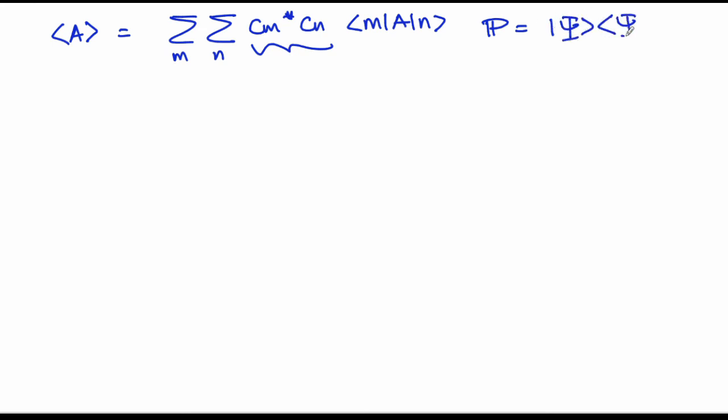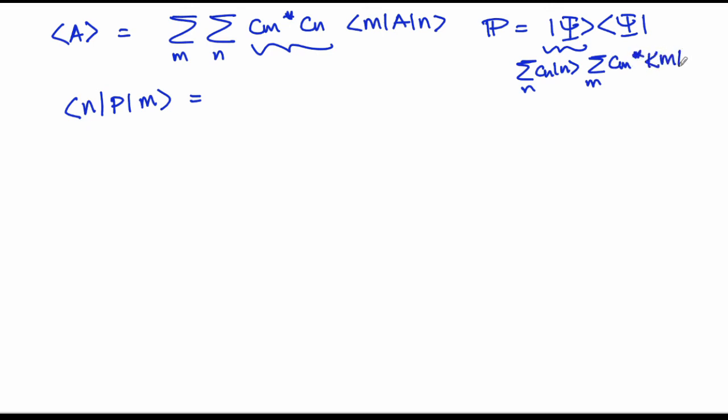ket psi times bra psi, where when you apply this on a state, P acting on ket m, let us see what we get. This is going to be expanded as Cn ket n, and this is going to be expanded as Cm star bra m. So therefore what you're going to get here is ket n times summation over Cn bra n.